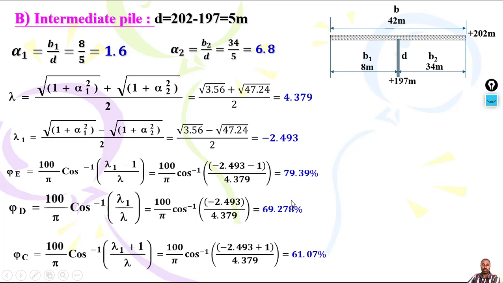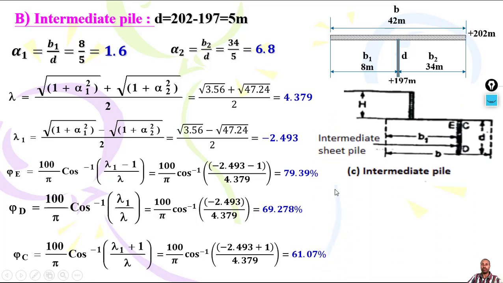Just keep in mind these values, then we will use the curve for the intermediate pile. For the intermediate sheet pile, you have just B1 and B2, then you have E, C, and D. E is the front, D is at a depth d, which is the pressure, and C is the back base of this one. So the water is seeping through this one.